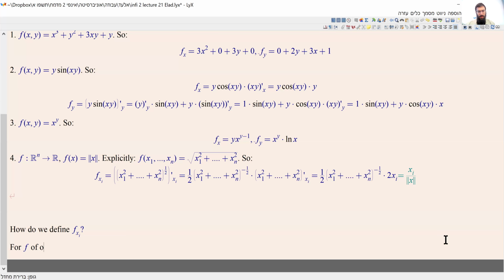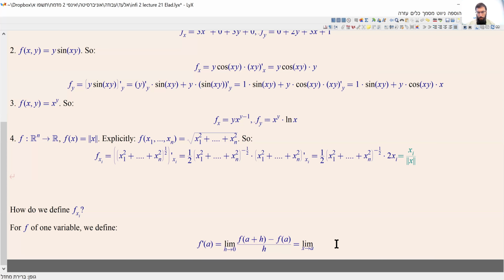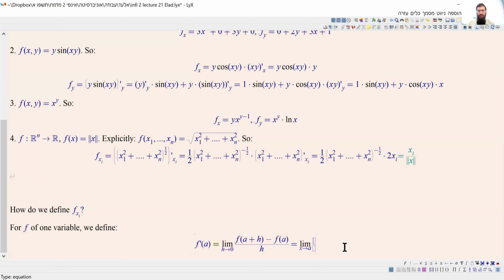For f of one variable, we define the derivative at some point a as the limit where h goes to 0 of f(a + h) minus f(a) over h, and one can think of it as x goes to a, f(x) minus f(a) over x minus a. Equivalent definitions for the derivative.